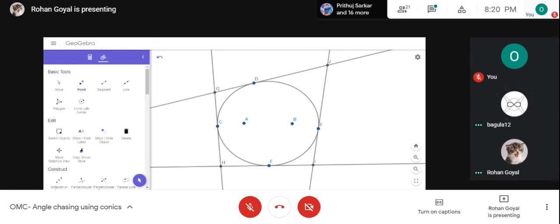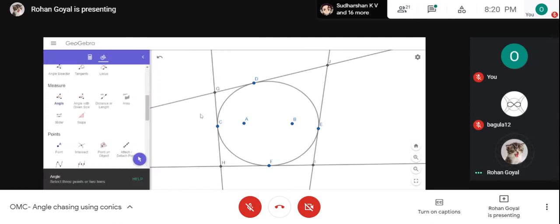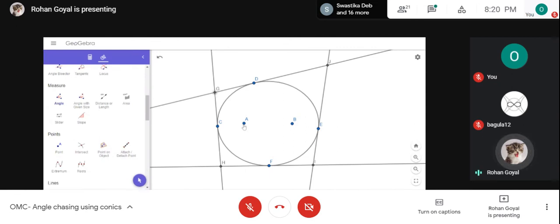So prove that if in any quadrilateral there's a point A which has an isogonal conjugate, then GAH plus JAI is 180.